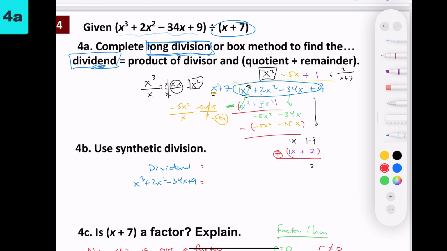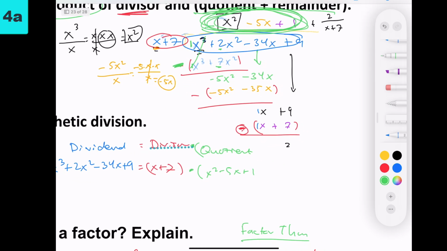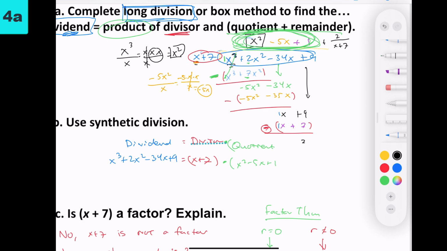That is equal to the product of the divisor, x plus 7, product, that's what the product means, and then the quotient is our answer, this part. Quotient: x squared minus 5x plus 1, and then this is the remainder, plus the remainder.